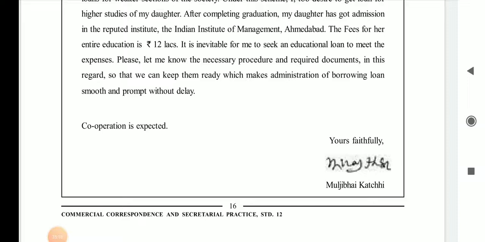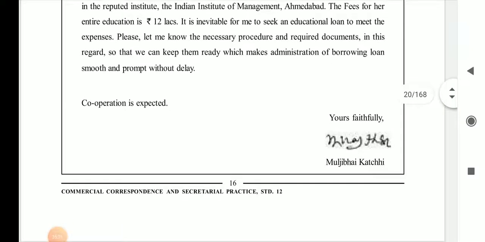It is inevitable for me to seek an education loan to meet these expenses. Here, this person mentioned that this 12 lakh rupees is very important, as he is not quite capable of meeting the expenses. Please let me know the necessary procedure and the required documents in this regard.